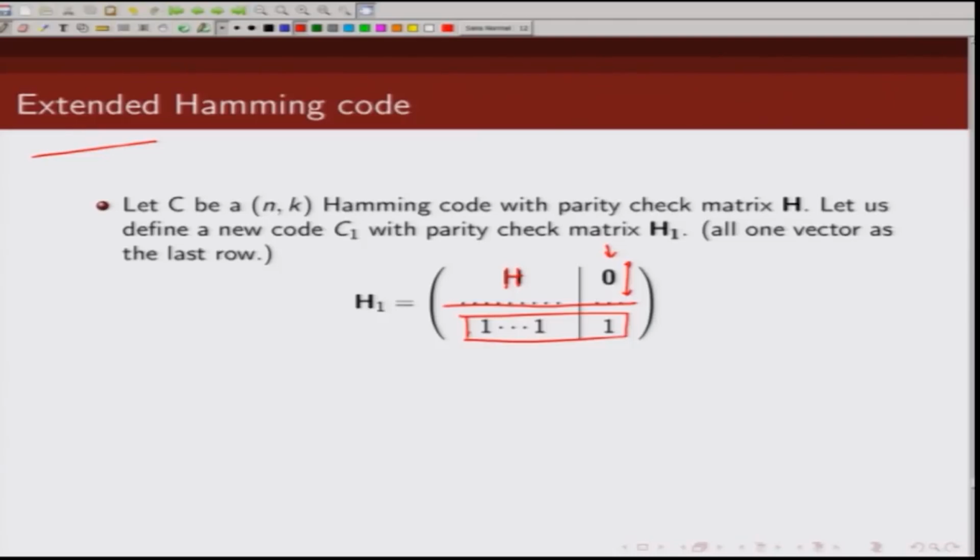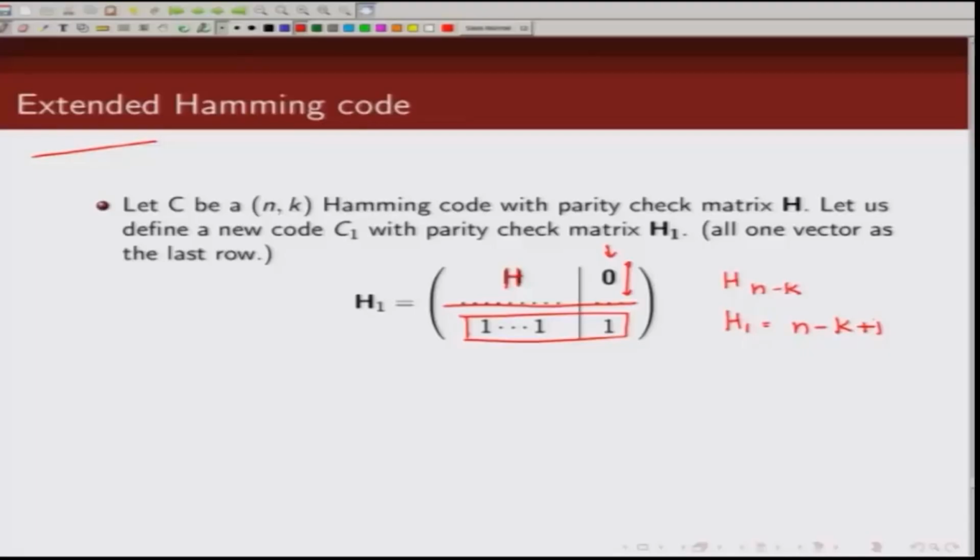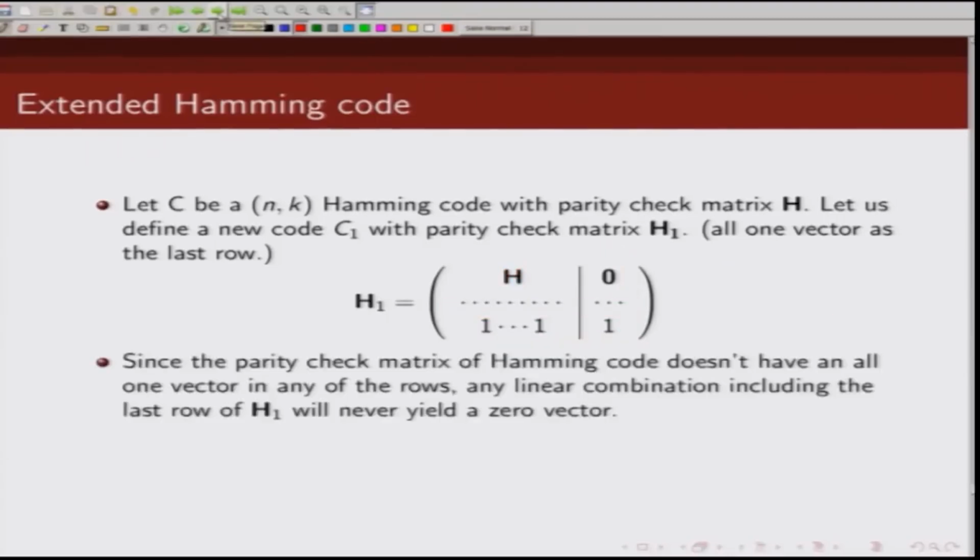Now, it is not very difficult to see that if the rank of H is, let us say, n minus k, the rank of this matrix H1 will be n minus k plus 1, because the parity check matrix of the Hamming code did not have an all 1 row, and then these are all zeros and this is 1. So, any linear combination of this row with these rows would not decrease the rank.